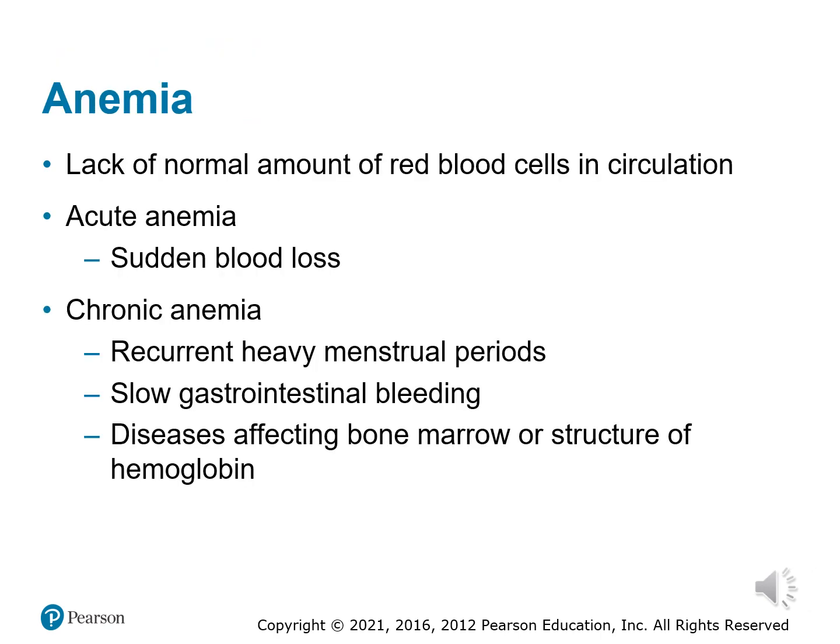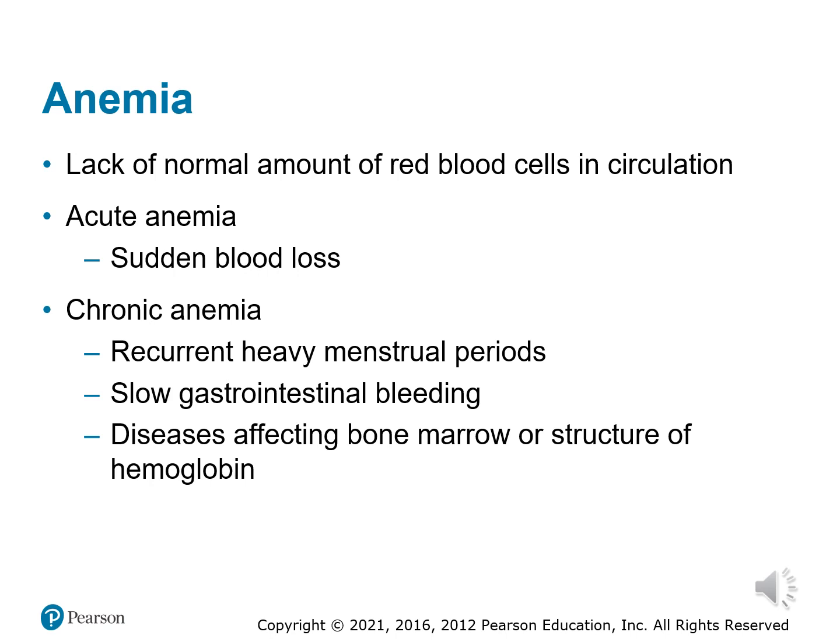A deficiency in the normal number of red blood cells in the circulation is called anemia. There are many reasons that a patient can become anemic. Acute anemia may be the result of trauma or sudden massive bleeding from the gastrointestinal tract.